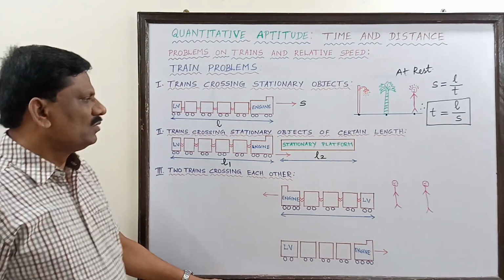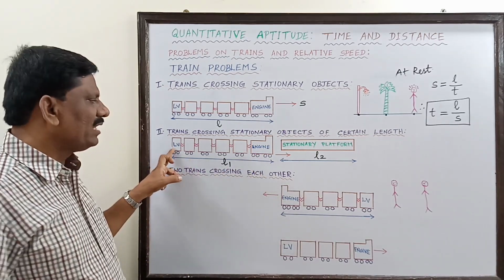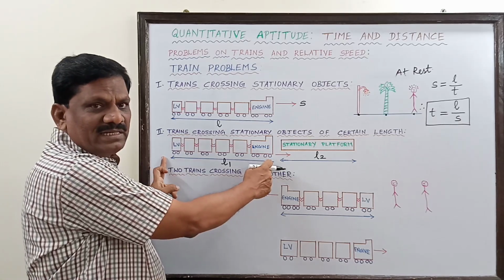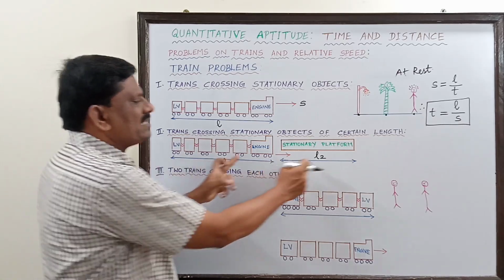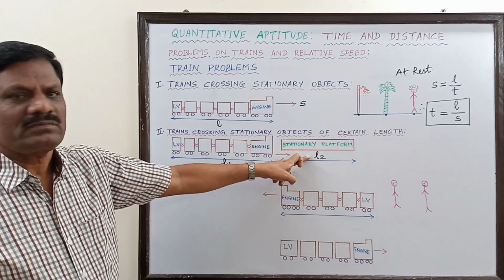Once again children, you see the engine of the train up to the last vehicle is the total length, is it not? And the stationary platform has a length L2.